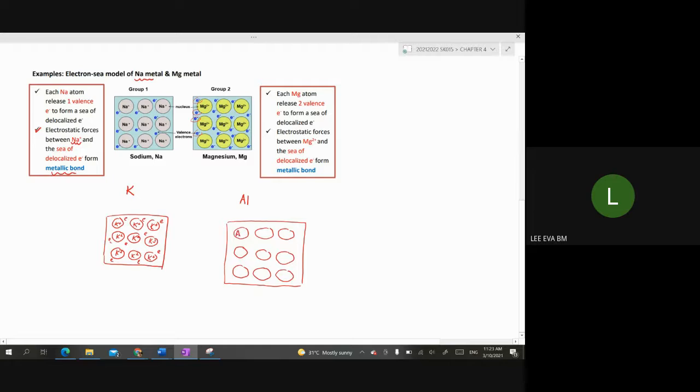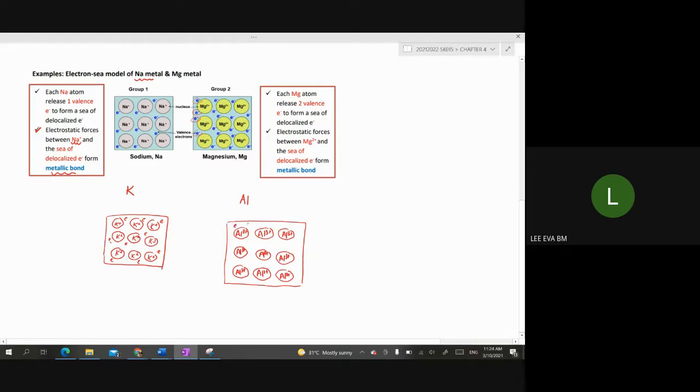We have Al3 plus, and every one of them you have to label. So how many electrons altogether if I have 9 aluminium ions? 27, because each aluminium provides 3 valence electrons.